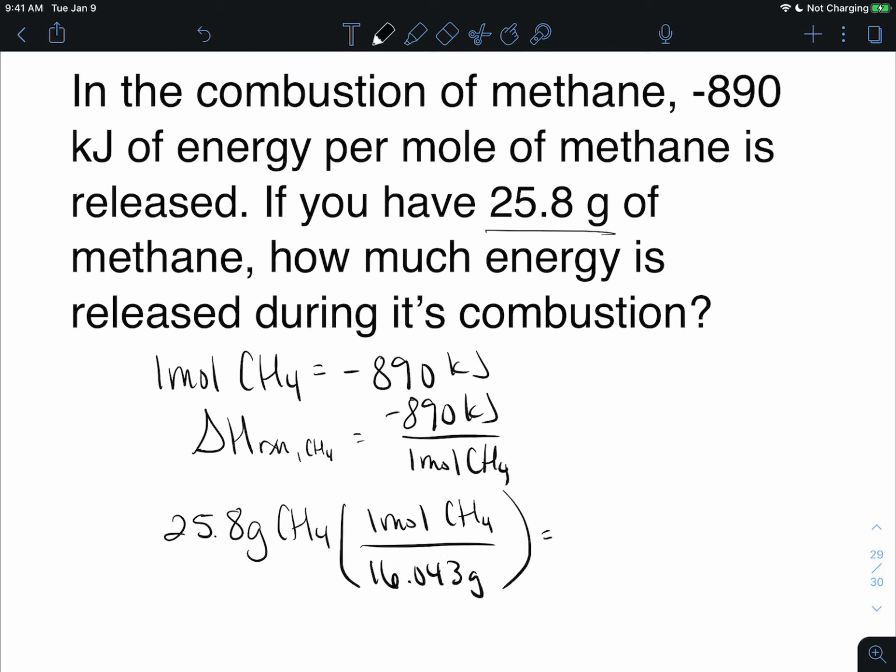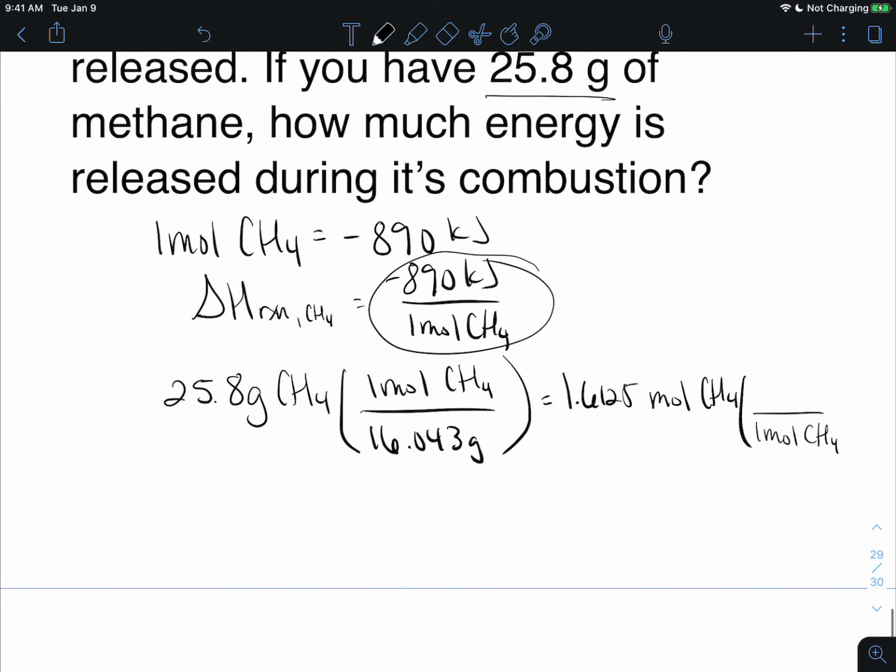We can convert into moles of methane, 1.6125 moles of methane. And then from there, we can convert into energy using this right here, where 1 mole of methane releases negative 890 kilojoules of energy. And this gives us negative 1435 kilojoules of energy for 25.8 grams.